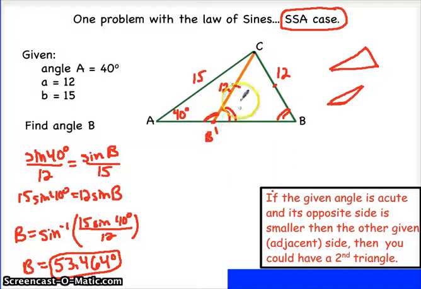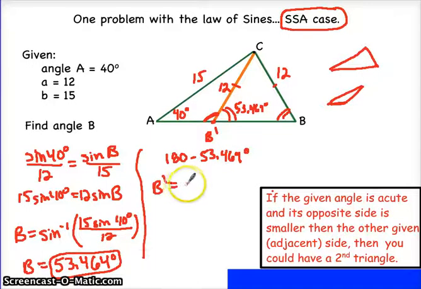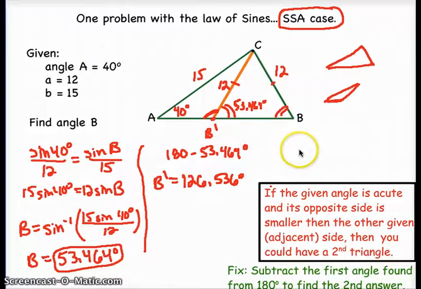Well, if this angle from C to B prime to B is 53.464 degrees, well, that just makes a nice straight line from A to B. We can just subtract that, 180 minus 53.464 degrees, and find out that the measure of angle B prime will come out equal to 126.536 degrees.